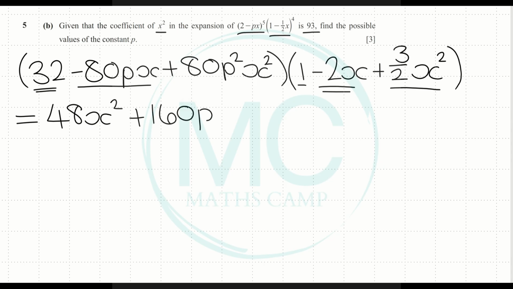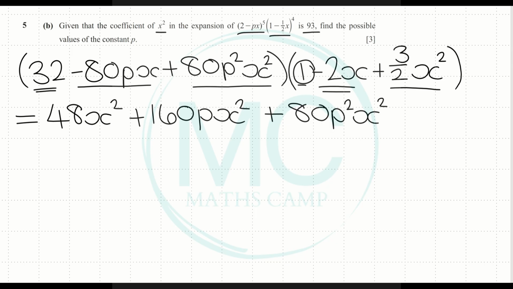Then we have px squared. Now we can look at 80p squared x squared. The only way to get an answer that has an x squared term is to multiply this by the constant 1. So this remains as positive 80p squared x squared.